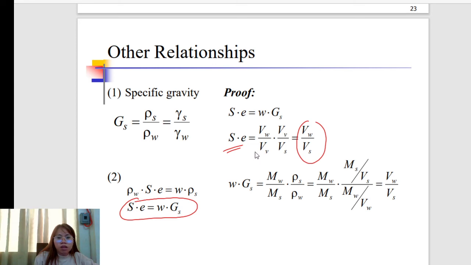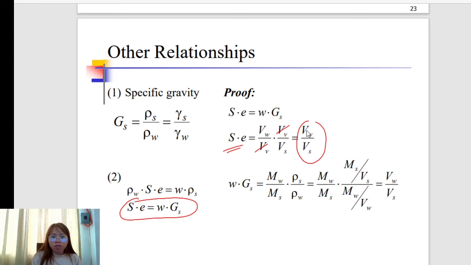So this will cancel, and the remainder will be the ratio of the volume of water divided by the volume of solids. And this w times Gs, or the water content, is actually equal to the mass of the water divided by the mass of soil solids.